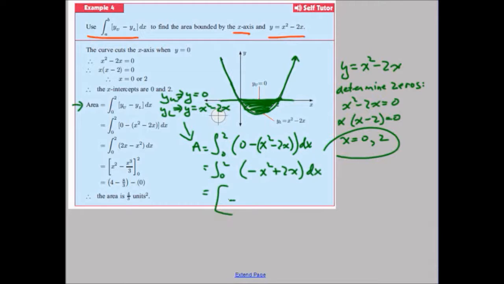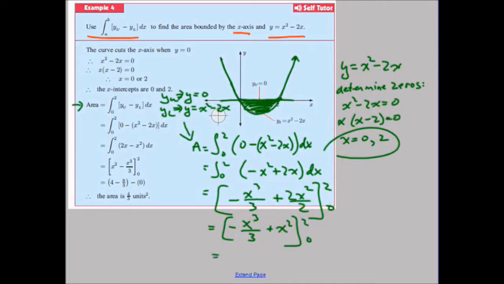So we get negative x, add 1 to the exponent and divide by that number, plus 2x, add 1 to the exponent, divide by that number, from 0 to 2. Simplify. From 0 to 2. Okay, so negative 2 cubed all over 3 plus 2 squared.